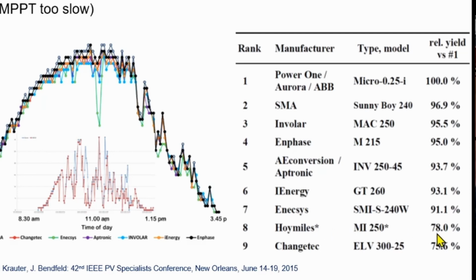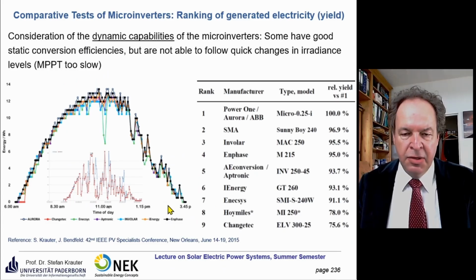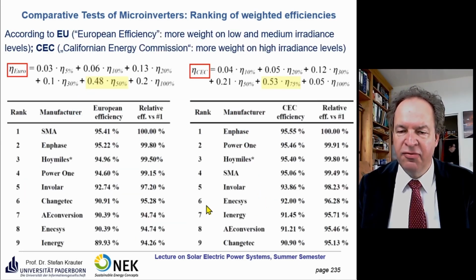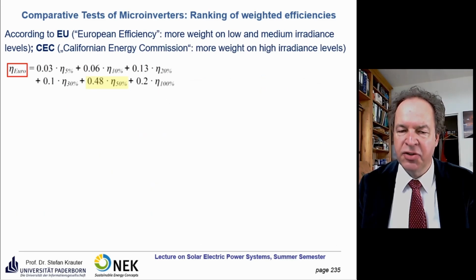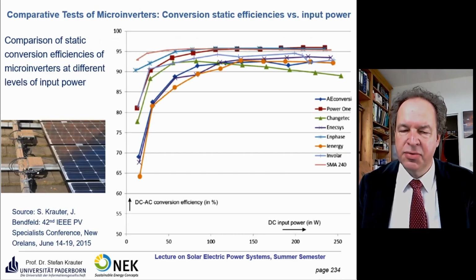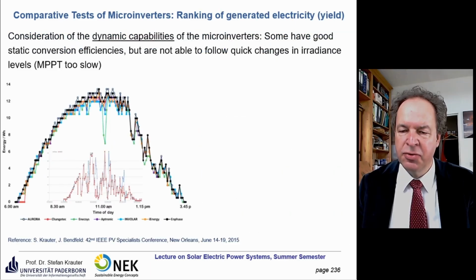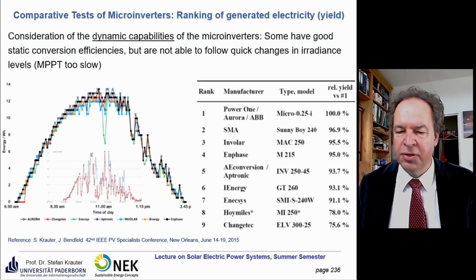Usually, if you get paid for each kilowatt hour being injected, this is a considerable loss of about 22% or even 24.4% compared to the best ones. So this is even more interesting than just the pure efficiency and the European weighted efficiency performance as you saw here. This yield value is, for the end consumer, I think, the most important value.